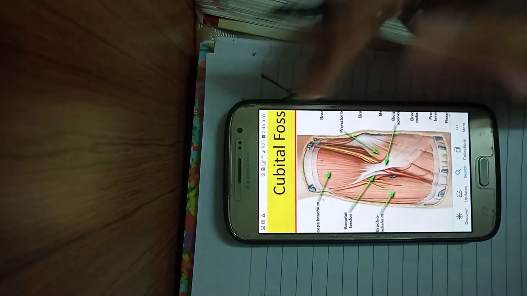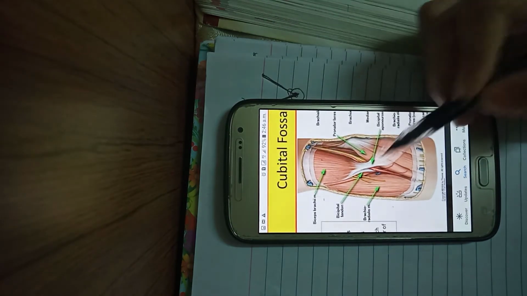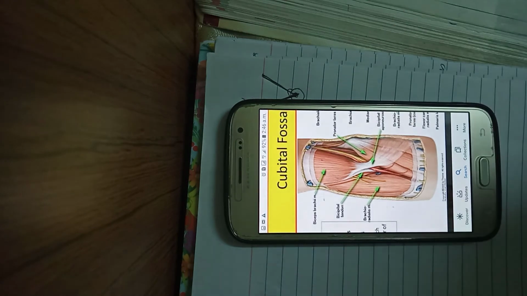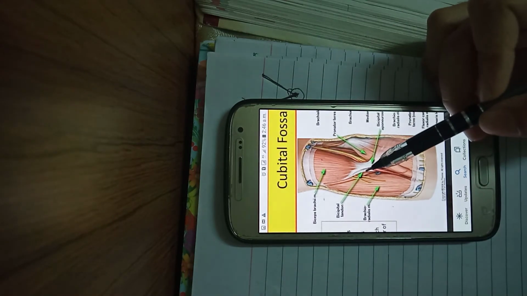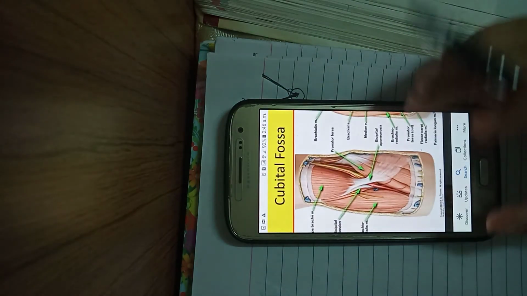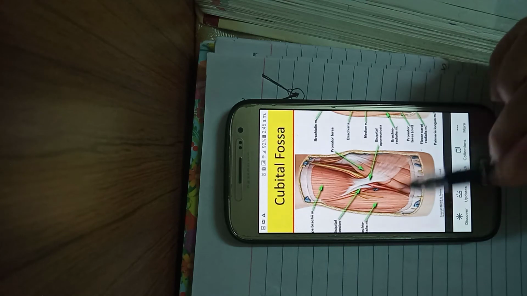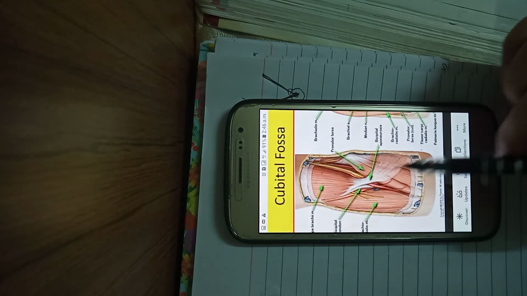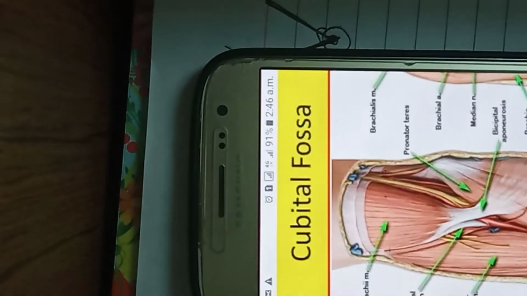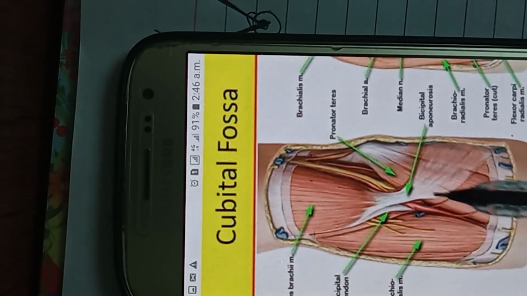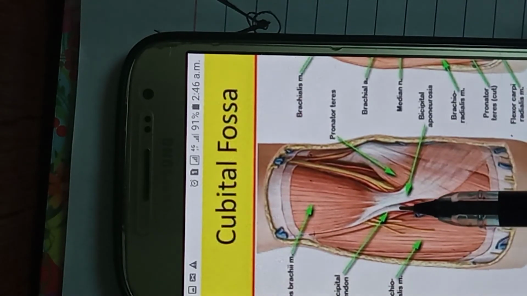This is the biceps brachii muscle, and this is the bicipital tendon, which inserts along with the bicipital aponeurosis. It gives its insertion in the form of two parts, the bicipital tendon and the bicipital aponeurosis. This structure is the bicipital aponeurosis. Now it will be more clear: this is the bicipital aponeurosis, this is the bicipital tendon, and this is the biceps brachii muscle.